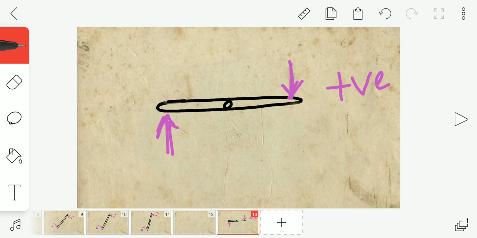If you are taking the clockwise couple as negative, we have to take the anti-clockwise couple as positive. The same case: if you are taking positive in one direction, you have to take negative in the opposite direction.